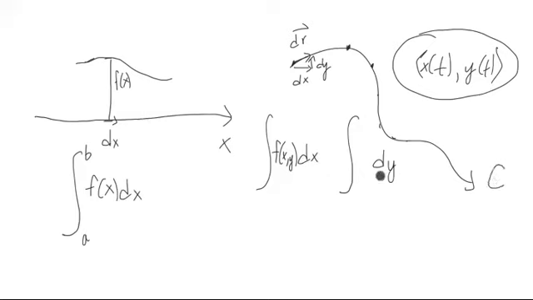Let's call this curve c. So the x and y values that we're going to pick come from the set of parametric equations that define the curve c. We're going to do the same thing for y, and we have another weight associated with it. I'll just call it g of x y.